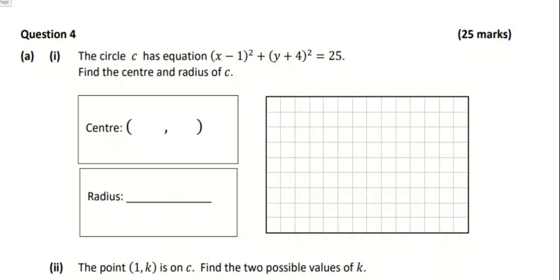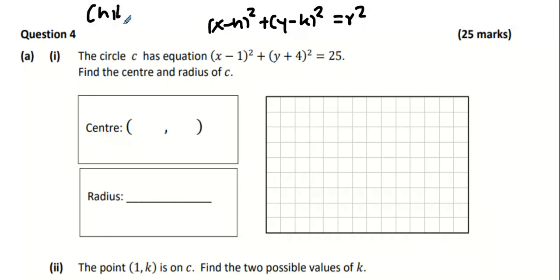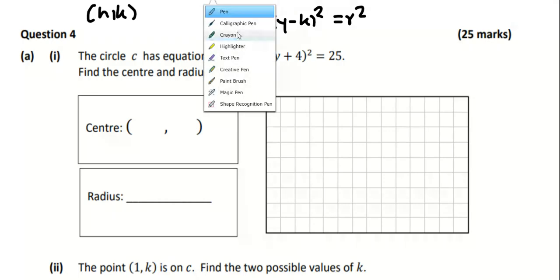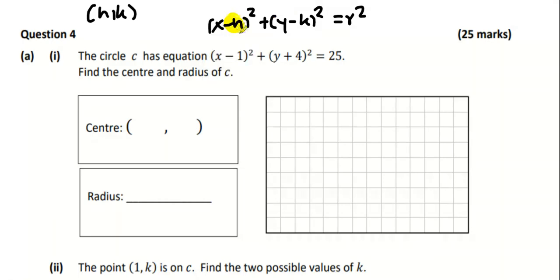Now, this is question 3b, and this is going to be question 4. Now, remember question 4, there's the equation of a circle formula in your notes. I think it's on page 19. And what it says is that h and k are the center of your circle. So if you highlight the similarities, you're going to see that minus h equals minus 1. So minus h equals minus 1, multiply both sides by negative, h equals 1.